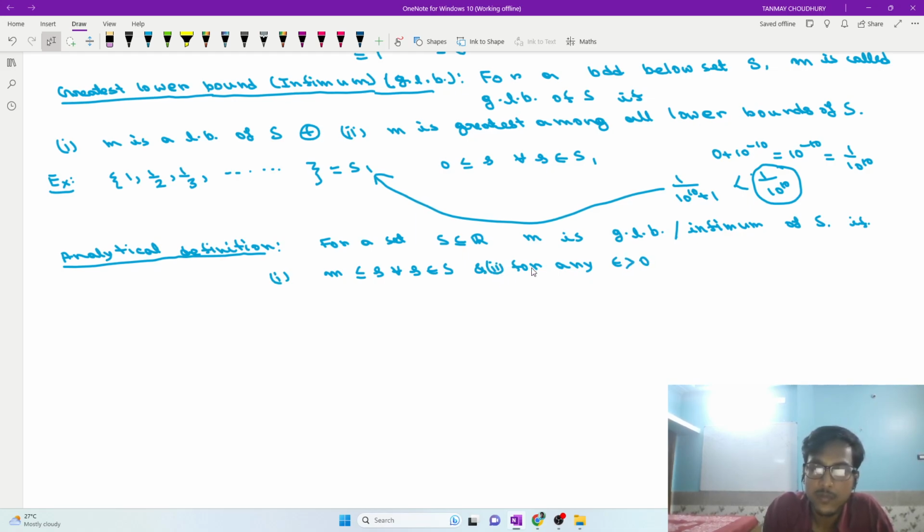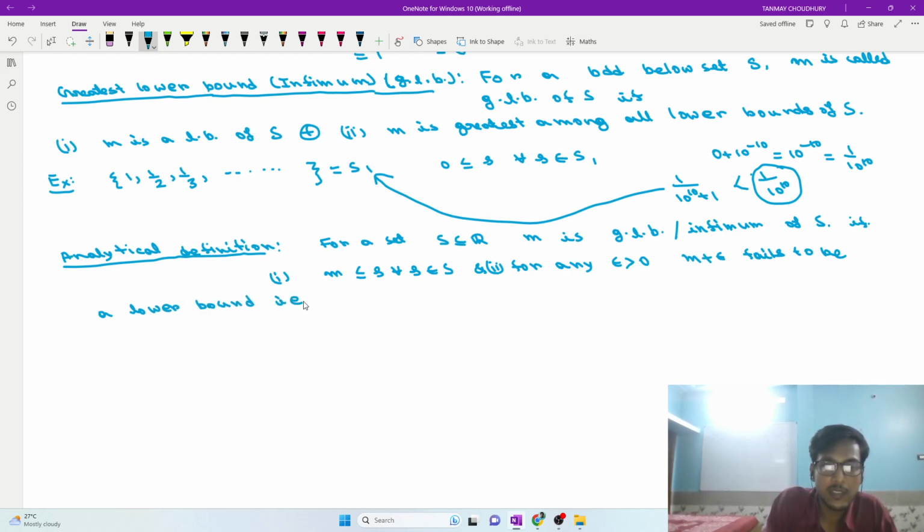Okay, for any epsilon greater than 0, epsilon is a positive number, it can be any positive number, however small it may be, but once chosen it is fixed. For any epsilon greater than 0, m plus epsilon fails to be a lower bound.